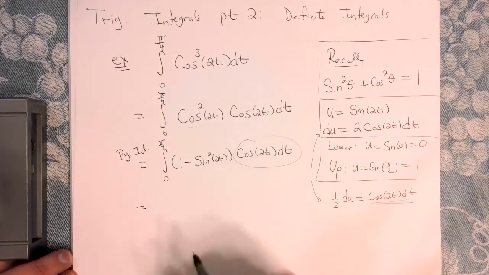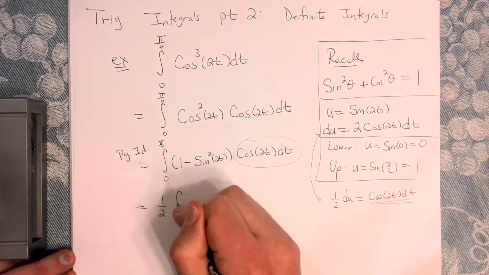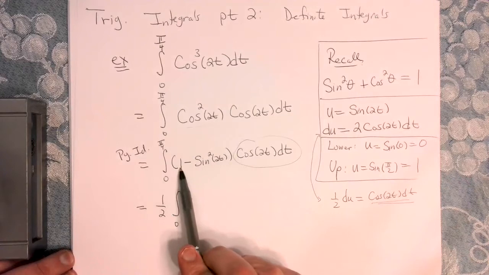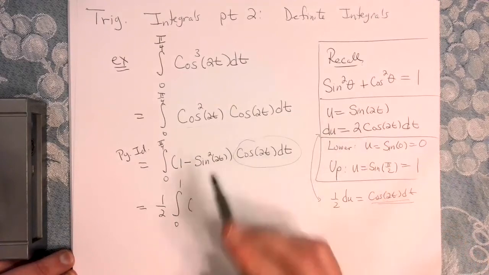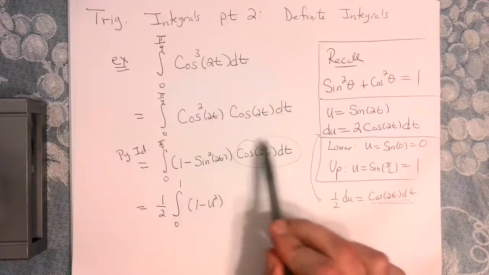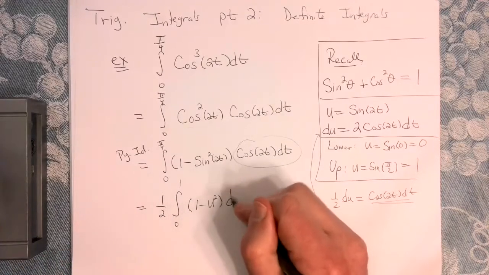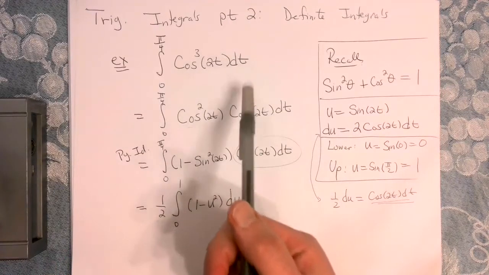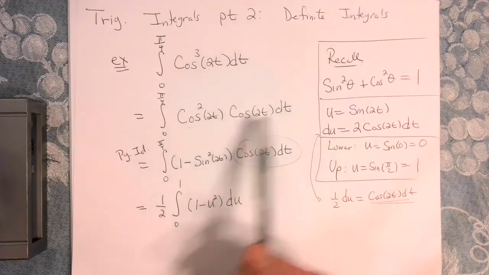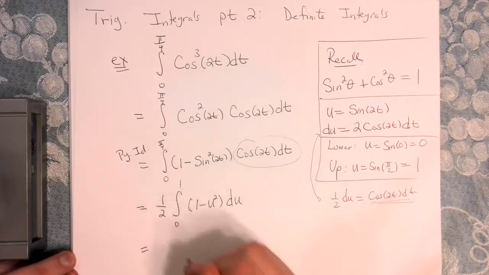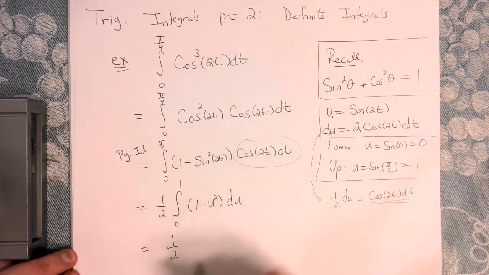So I've got 1/2 the integral from 0 to 1 of 1 minus u squared, and we said that this was taken care of by that 1/2 of du. So that's really nice, and you can see the power in the substitution: we took something that looked maybe a little bit tricky, and with a little bit of legal algebra and a substitution, we turned it into a much nicer integral. And so it looks like we just want to use the power rule here.